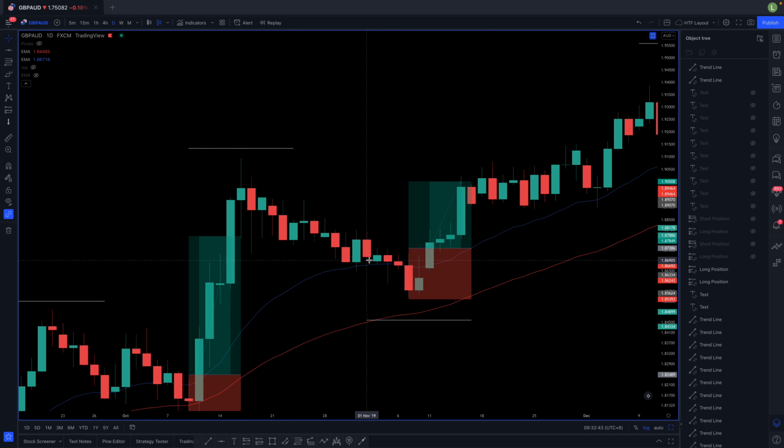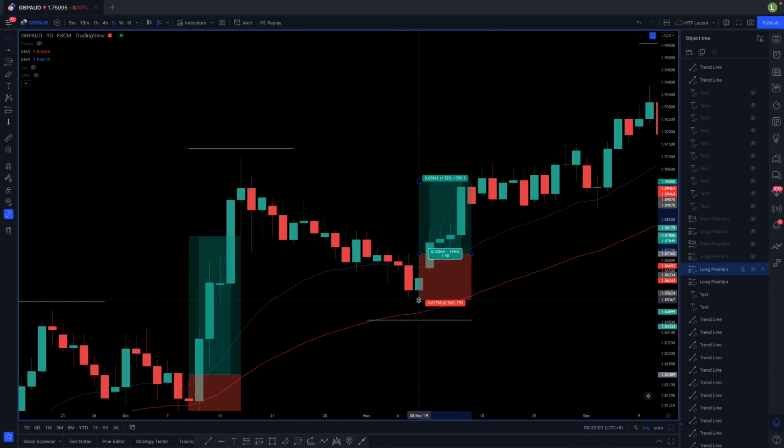We had this low test, we had these dojis, we were within the 20/50 EMA zone. Back here we weren't, so we weren't going to be taking any trades, but from the time it reached that 20 EMA or the 20/50 EMA zone, and price is below, the 50 EMA is below price, that's when we can start taking entries. And then we take the entry on this candle, and that was where price popped to the upside.